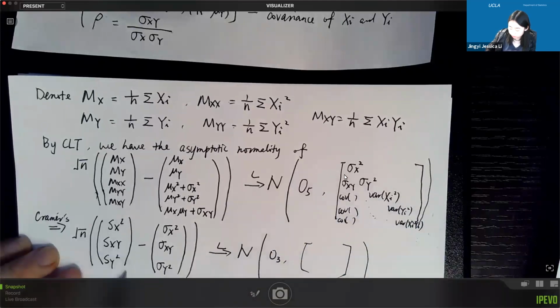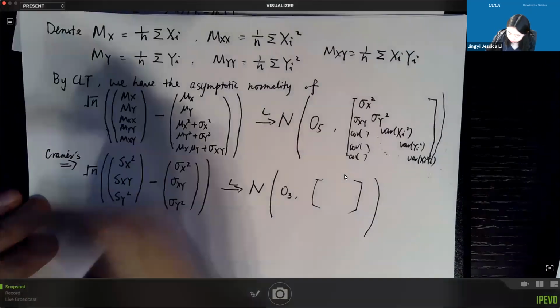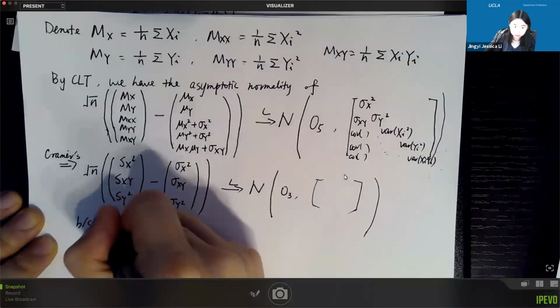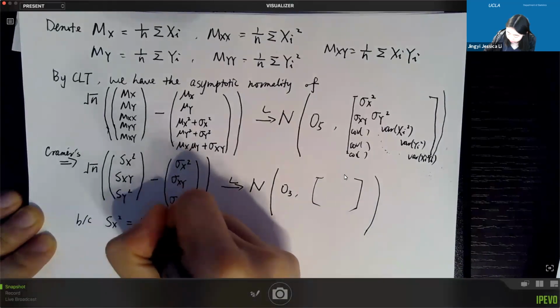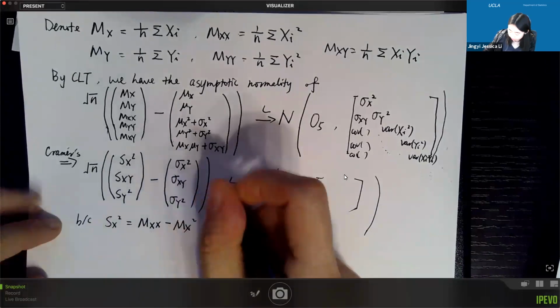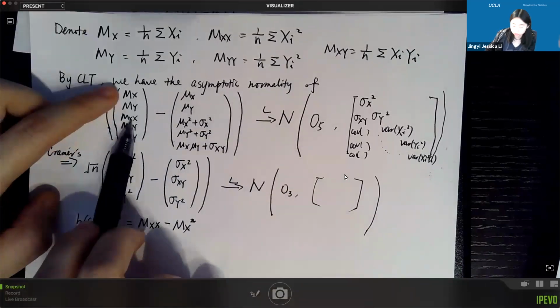So here we can apply Cramér's theorem because of a very natural result. Because we have Sx squared equal to mxx minus mx squared. That's a fact. So that's why this thing is a combination of these two.